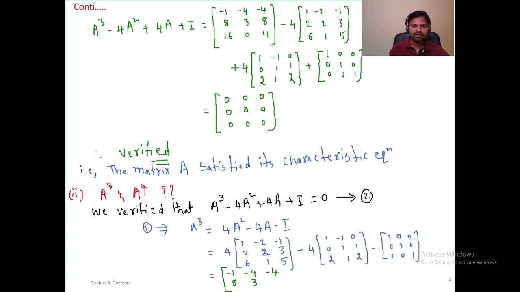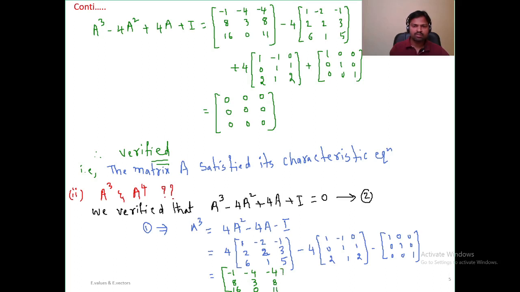Next 4 threes are 12, minus 4 is 8, and that is 0. Okay, and last row: 4 sixes are 24, minus 8, 16, so this is 16. Next 4 ones are 4, minus 4, 0, so this is 0. Next, 4 fives are 20, minus 8, 12, 12 minus 1, so 11.